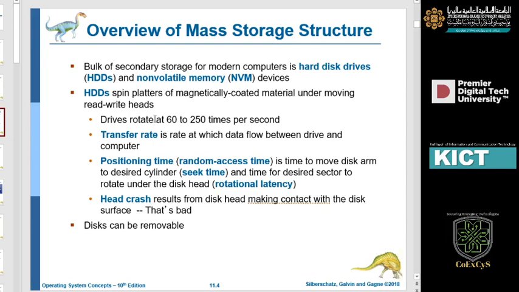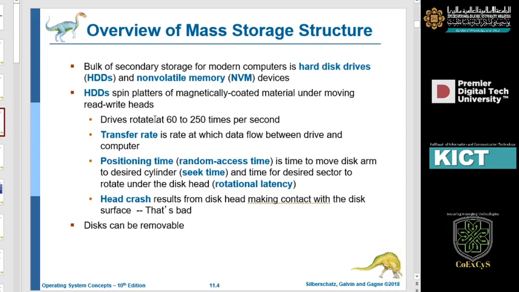The disk rotates about 60 to 250 times per second, so it spins pretty fast. The performance of the disk is measured by the transfer rate, how fast it can transfer data, and positioning time, how fast it is to look for information on the hard disk.